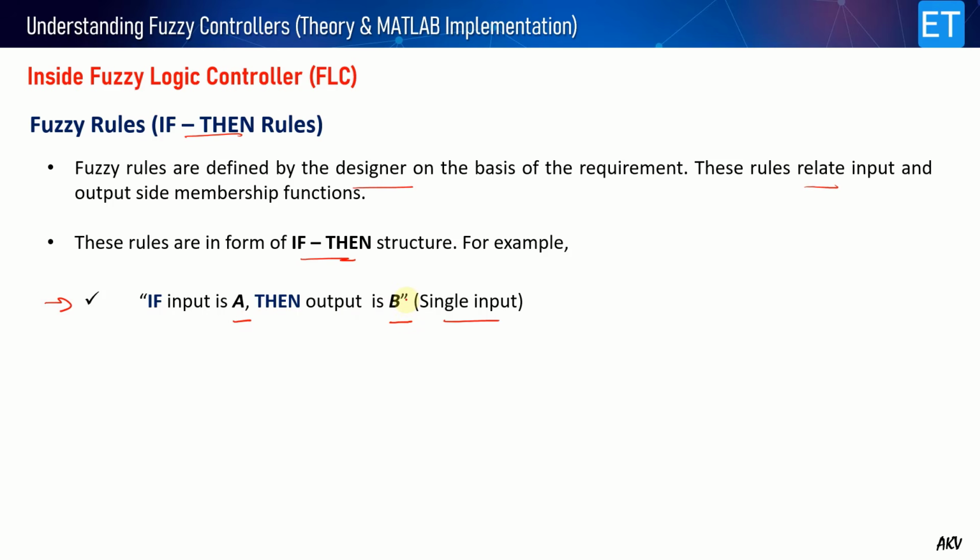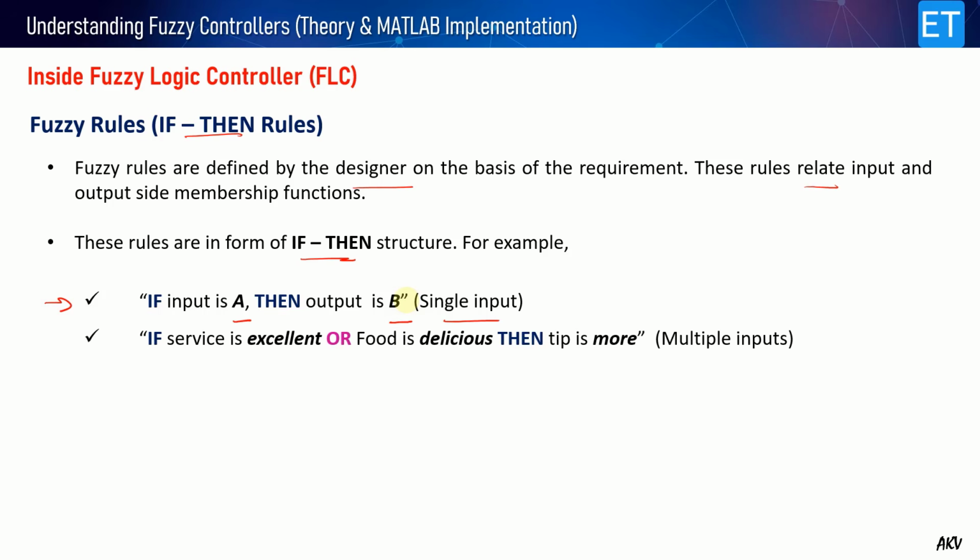If you have multiple inputs, let's say 2 inputs, then the structure will be like this: if service is excellent or food is delicious, then tip is more. This is the case for multiple inputs. Here we have used the 2 inputs, service and food, and the output is tip.